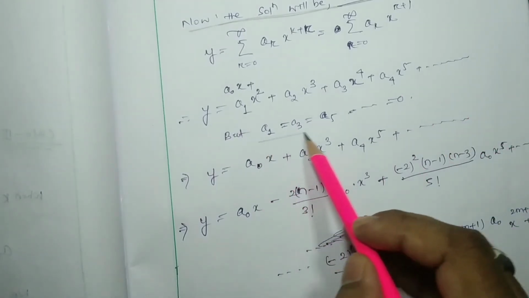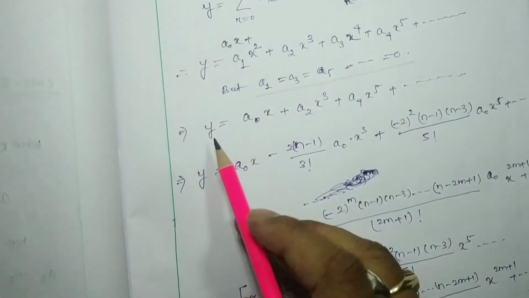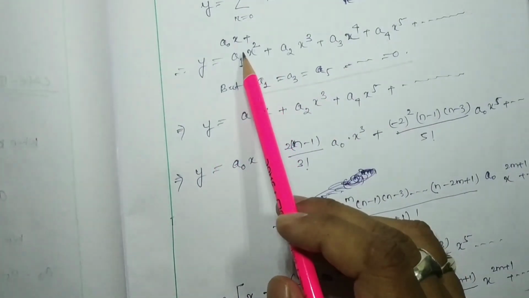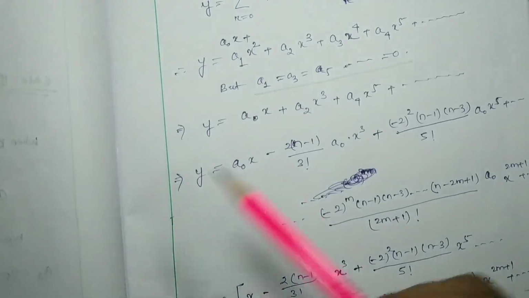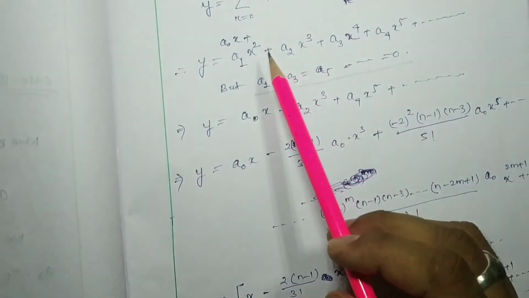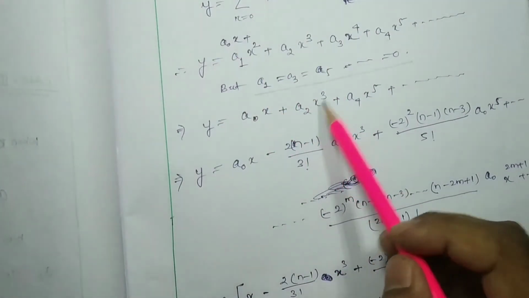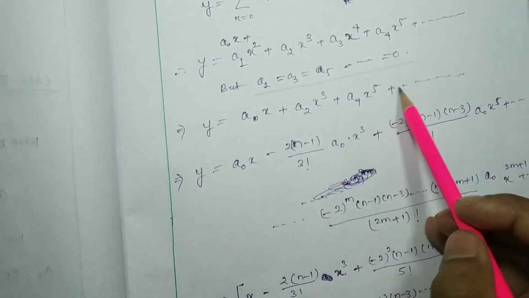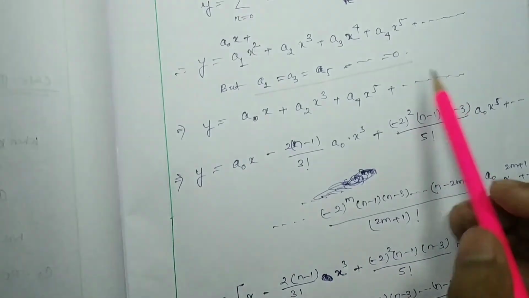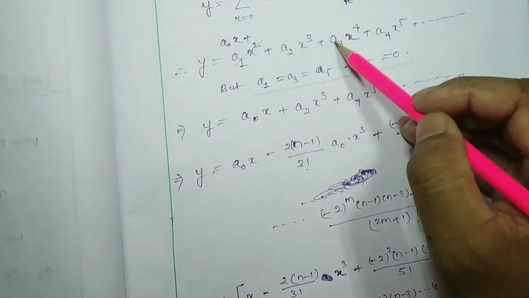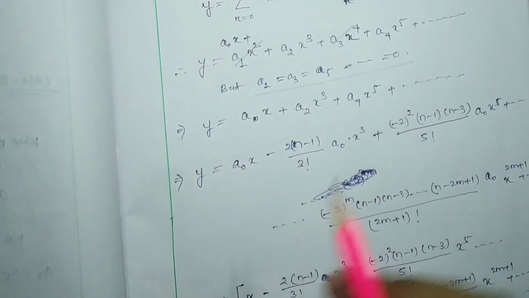But a1, a3, a5 are 0, so y will be only the even values of a, that means a0 x, a2 x cube, a4 x5 and so on, and these terms are cancelled out because a1 and a3 are 0.